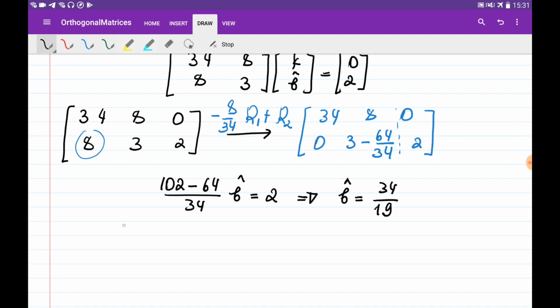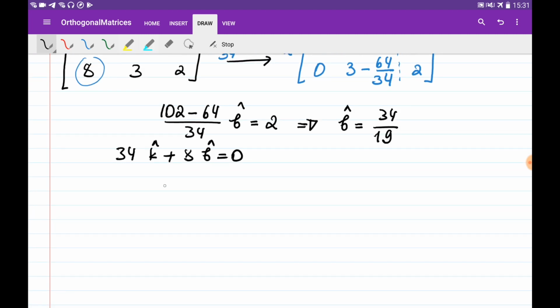The first equation tells you that 34 k hat plus 8 multiplied by b hat is equal to 0. If we substitute b hat to here, it's going to be 34 k hat equal to minus 8 multiplied by 34 divided by 19. So we can cancel the 34 and 34, and what we obtain for k hat is minus 8 divided by 19.